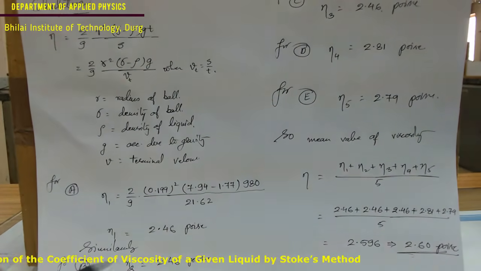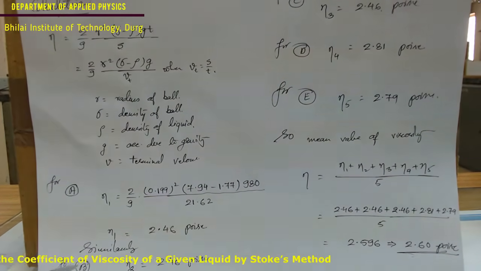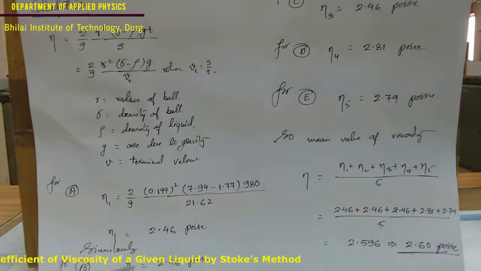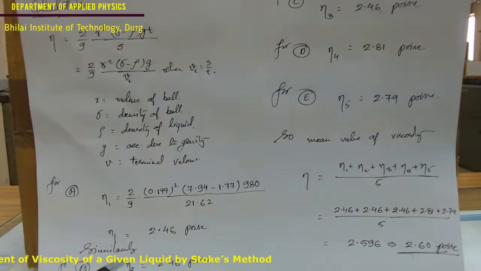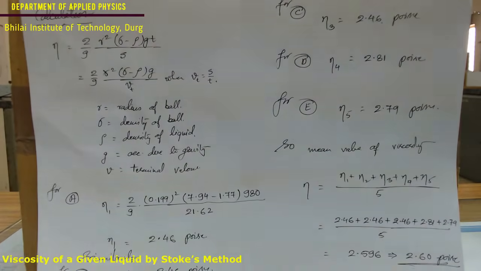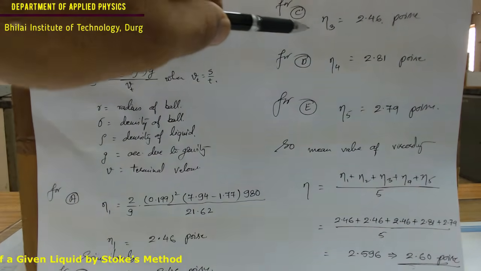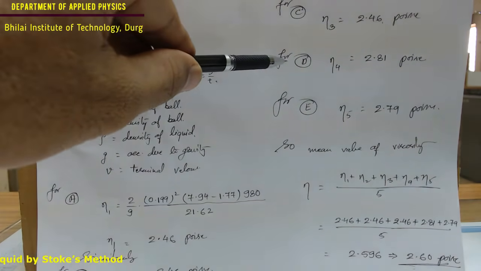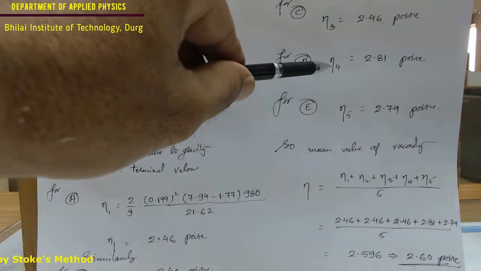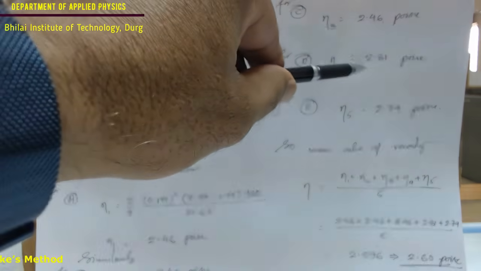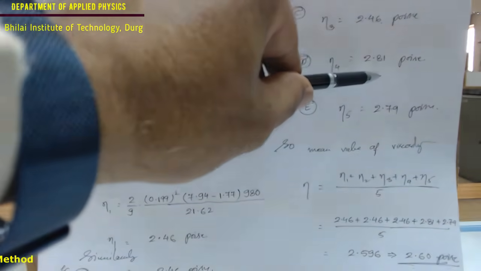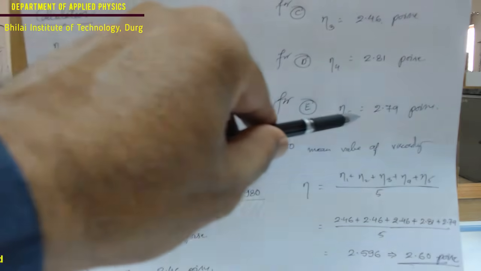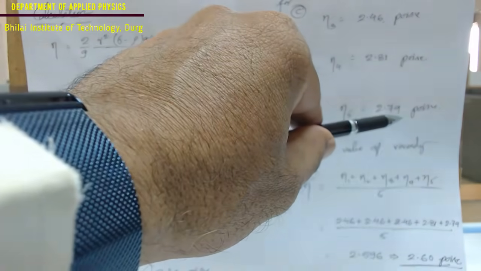Now similarly, when I calculate the same for the second ball B, eta 2 becomes equal to 2.6. For the third ball, eta 3 becomes equal to 2.46. For the fourth ball, which was a bigger ball, the viscosity comes to be 2.81. For the fifth ball, it comes to be 2.79.